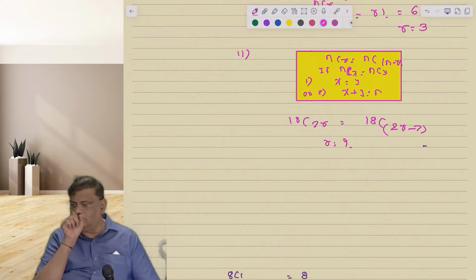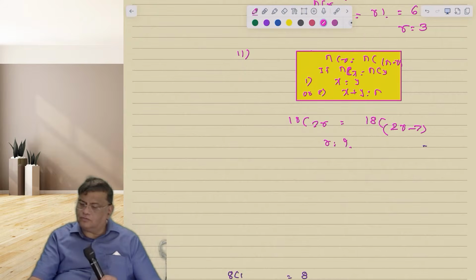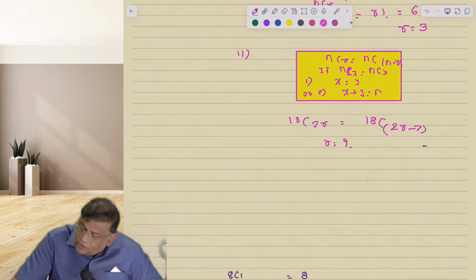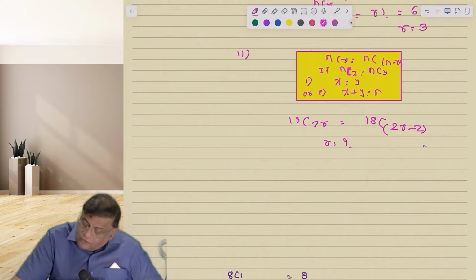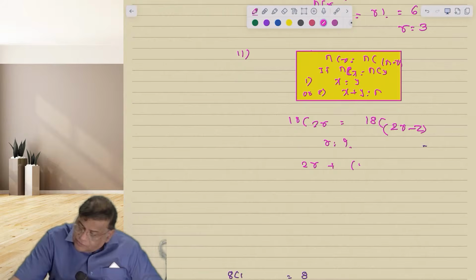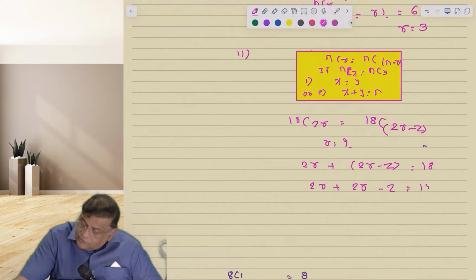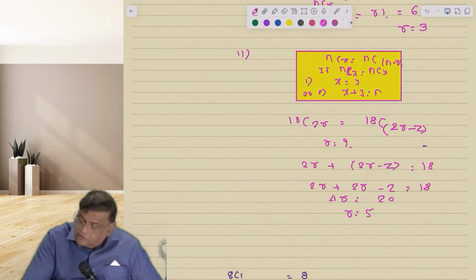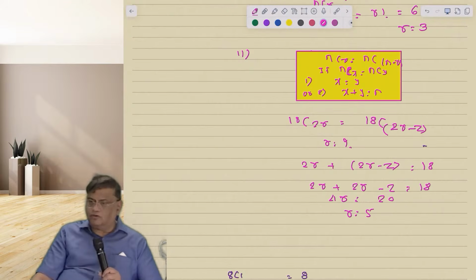Then what happens? Remember what you said just now is that this 2r plus this 2r minus 2 should be equal to 18. As such, 2r plus 2r minus 2 is 18. So 4r is equal to 20, and therefore r is 5. Good question.